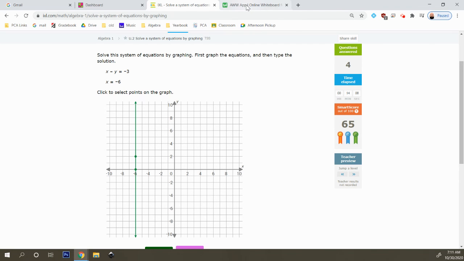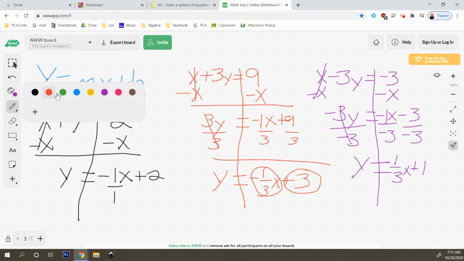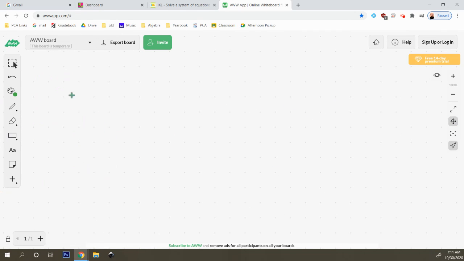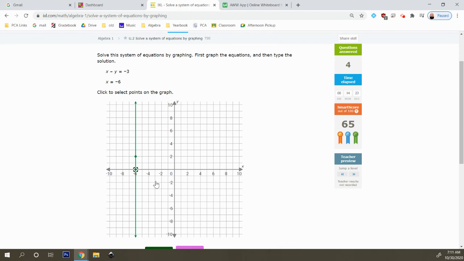All right, let's say you had y equals 3. Okay, if we had y equals 3 and I wanted to graph it, then I go to the y and click on the 3, and then I click anywhere else as long as it's on a horizontal line.